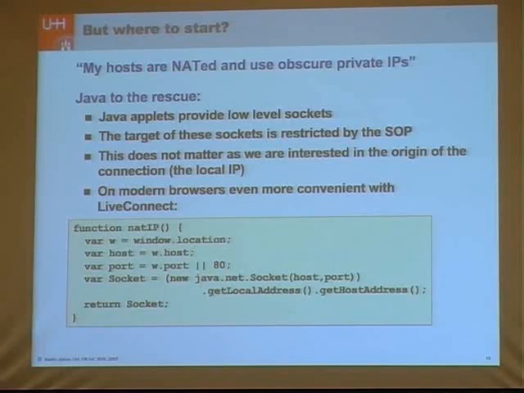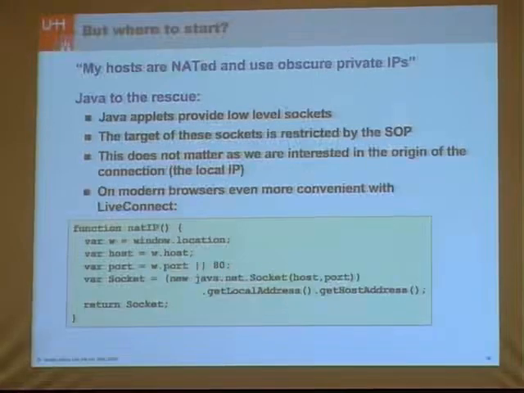The attacker is not really interested in the target of the communication. He knows which IP attacker.org has. He's interested in the source of the communication. And therefore, he creates a socket communication and looks at the local address of the host address. And this is the IP address of the local browser.